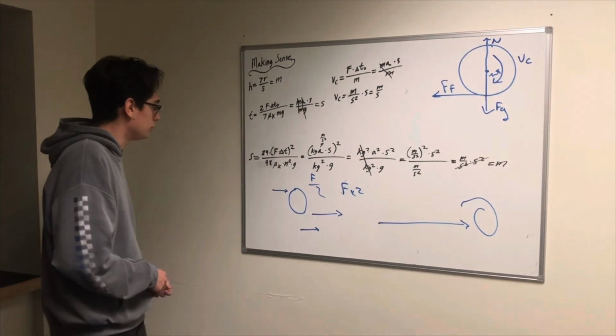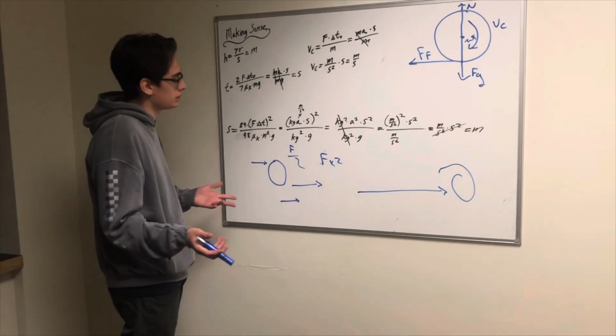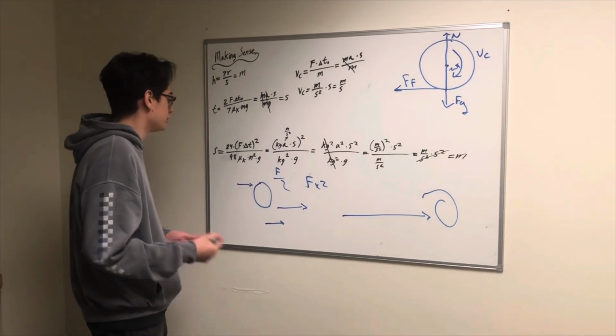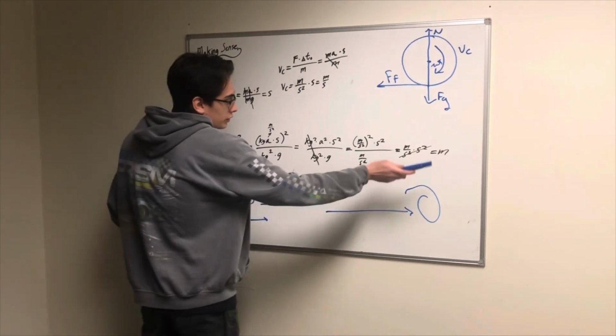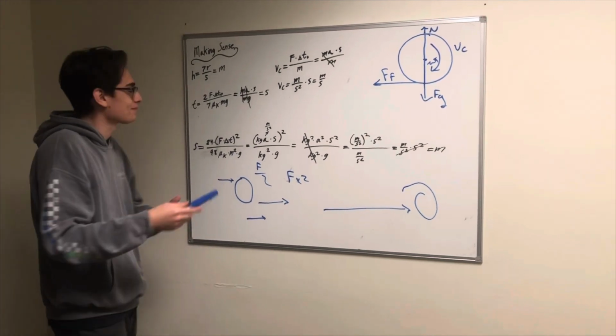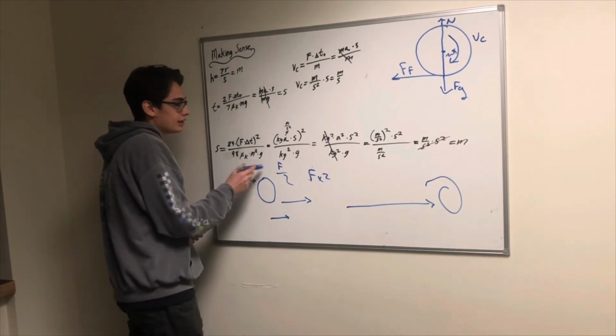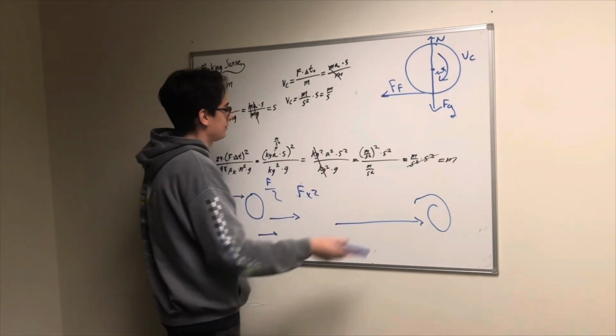If we were to increase our mass, let's say we multiply it by 2, our ball would go 4 times as less. If we were to cut our mass in half, then the ball would go 4 times as far.